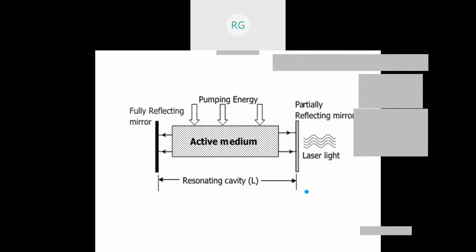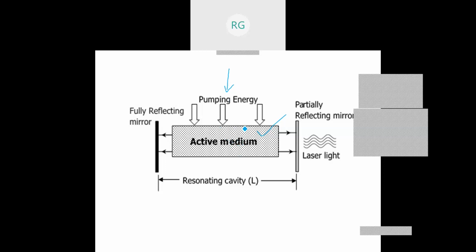So I'm now going to show you this picture. I am taking an active medium. Active medium is nothing but a substance, and this active medium should be taken into an excited level so that more atoms will be in the excited state than the ground state, and this process is called the pumping process. Once the pumping is given, the atoms start falling down.